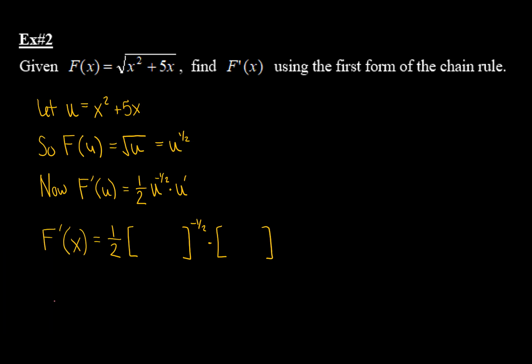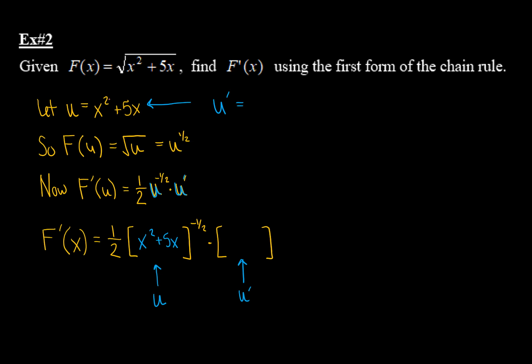And remember that this thing right here, this is the regular u. And this thing right here, this is that u prime. Well, if I go back here, u is x squared plus 5x. But notice I didn't find u prime yet, so now I'm going to find u prime.